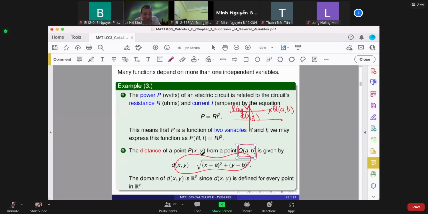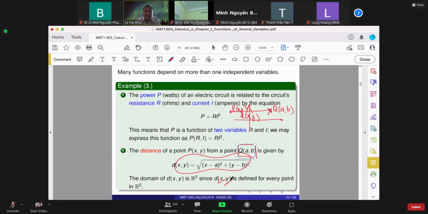So it means the distance from a point on the plane to a fixed point Q is a function of two variables x and y. And the domain in this case, you see, is not written. What's the domain of this?